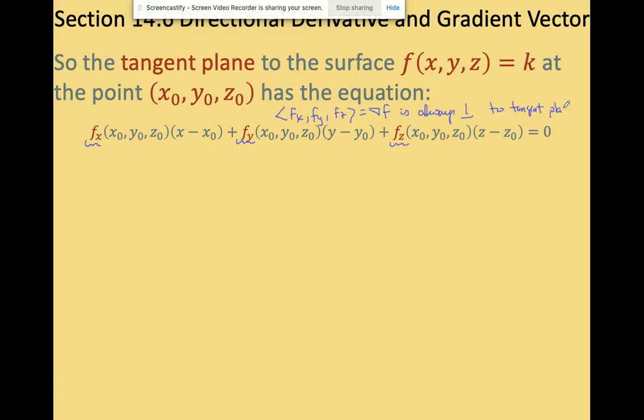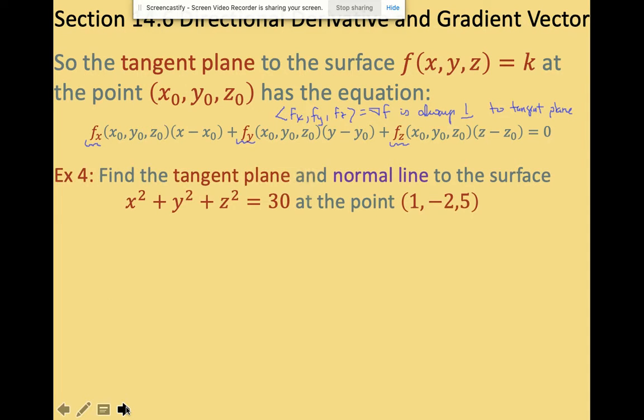And isn't that all you need to do to write the equation of a plane? You need a vector perpendicular to the plane. Bam, there's your gradient.